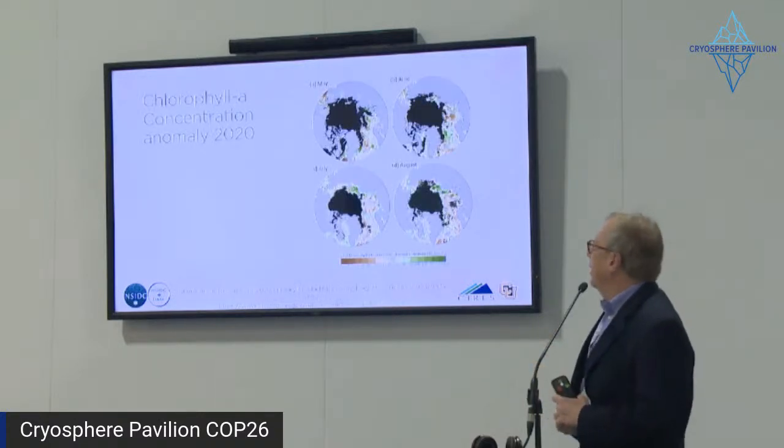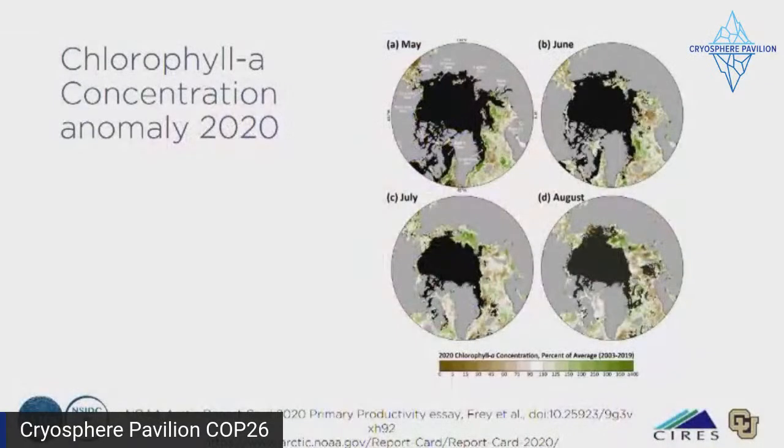Chlorophyll A indicating plankton. This is from the NOAA Arctic Report Card last year. They had a primary productivity essay, which is a nice little essay, and looked at, this is in 2020, and showed some pretty large blooms, particularly in the Laptev Sea area, in high concentrations compared to average.